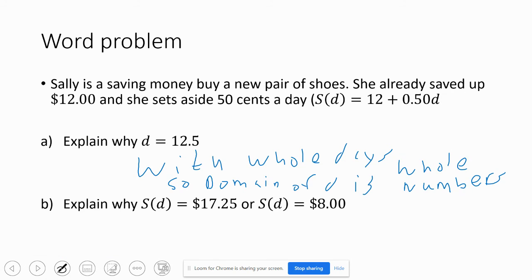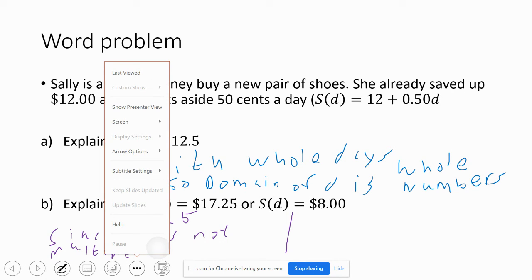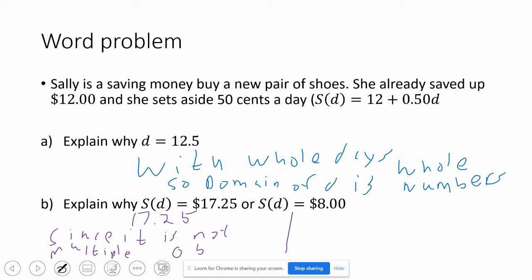And last question, explain why s of d cannot be 17.25 or $8. Well, it can't be 17.25 since the 0.25 is not a multiple of 50 cents, and Sally is saving 50 cents per day.